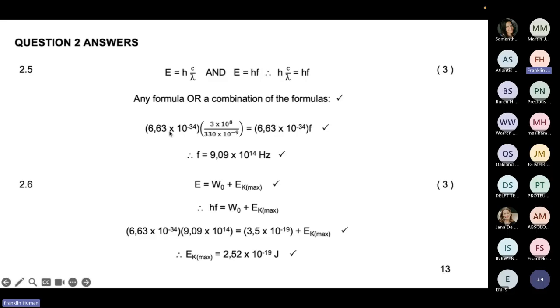Both Planck's constant, h, and the speed of light are given to you. It is 3 times 10 to the power 8. I said 18 earlier, sorry, my mistake.